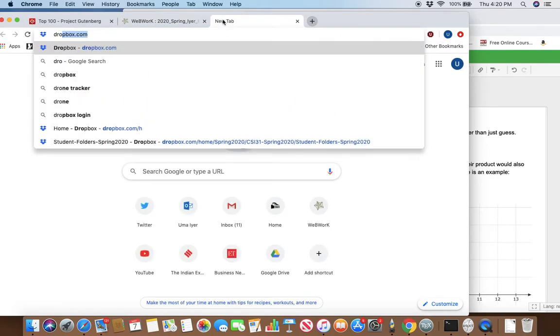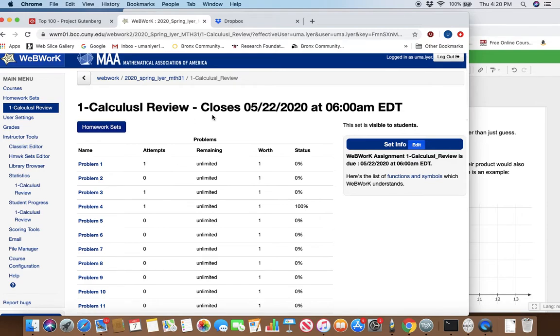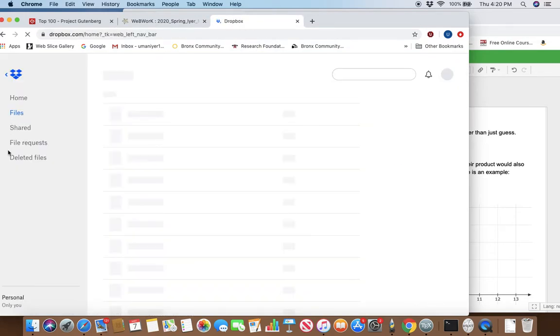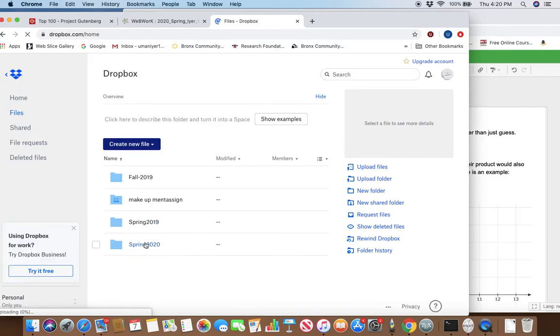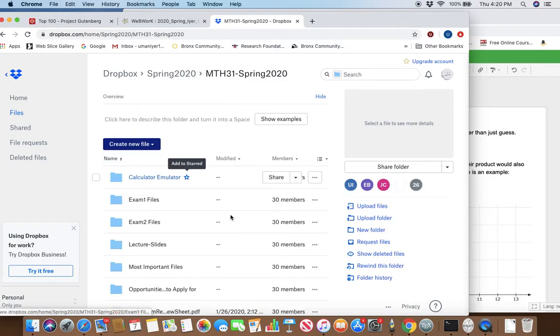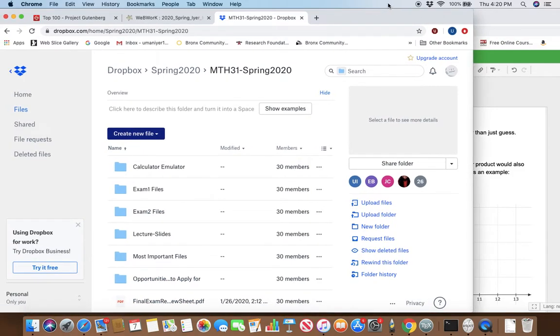If you have time, in addition to going over the Calculus 1 review, go to your Dropbox where you have all your files. For our class Math 31, you will find the final exam review sheet.